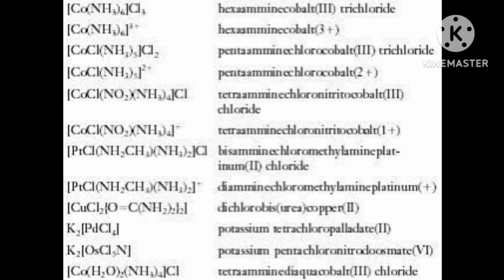Formulas of mononuclear coordination entities. Mononuclear, mono means one, single. The formula of a compound is a shorthand tool used to provide basic information about the constitution of the compound in a concise and convenient manner.